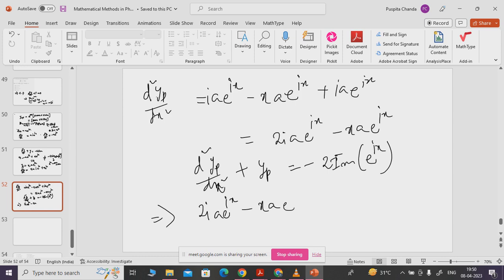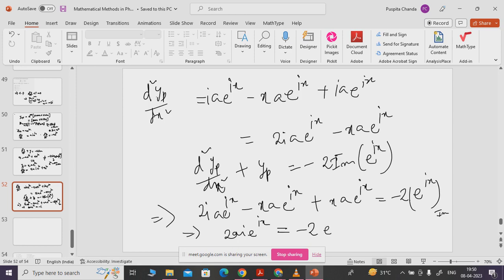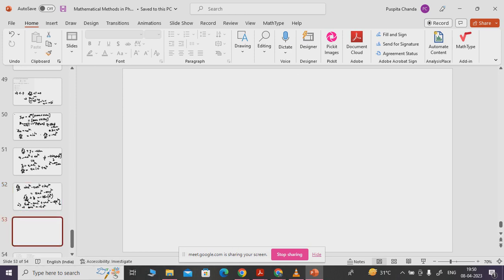So -xa e^(ix) + xa e^(ix) cancel, and 2ia e^(ix) = -2 e^(ix).